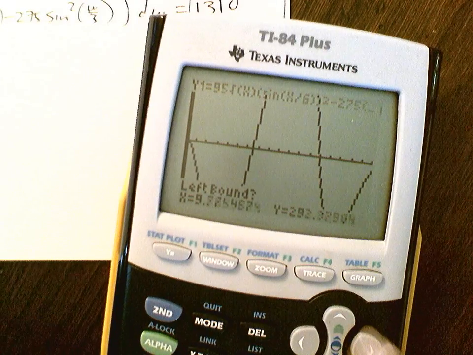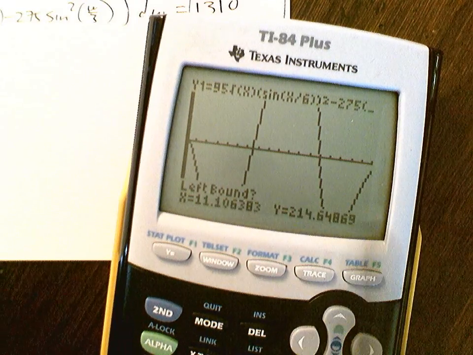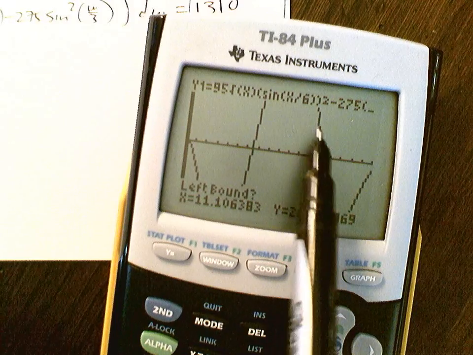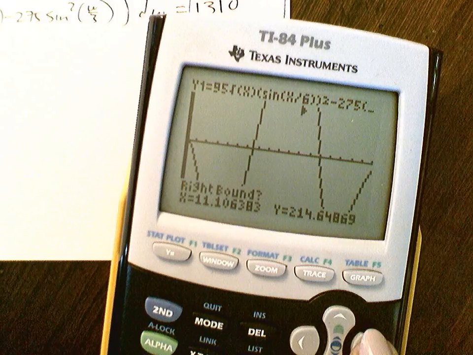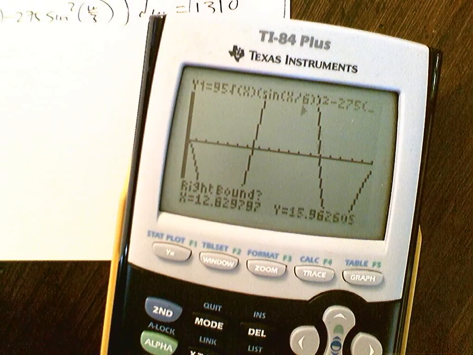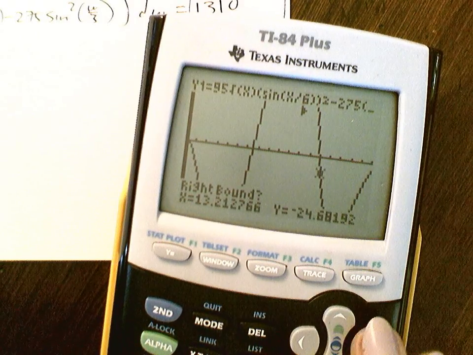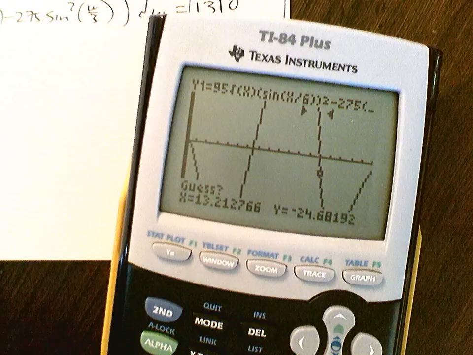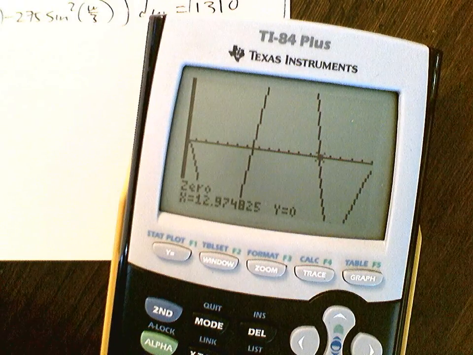All right, so let me get a little bit closer. My y values start going down. So I'm over here somewhere, I'll hit enter. And then I'm going to keep going until my y's start to go negative. Hit enter again, and then hit enter a third time.